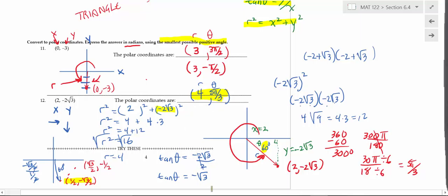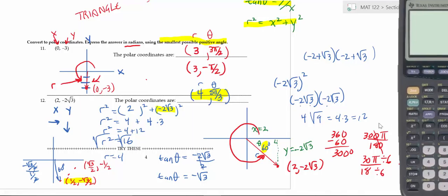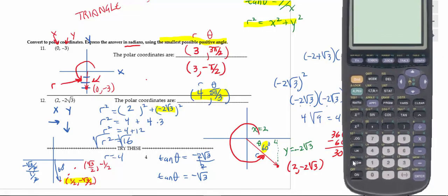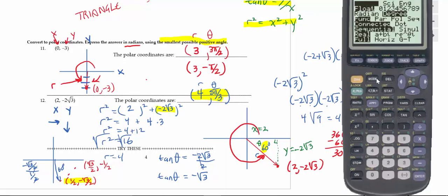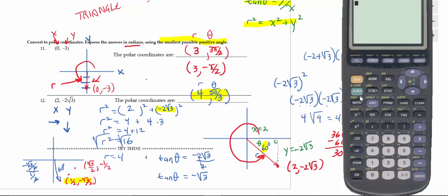Now, one thing you can do, you don't want to forget how to do your unit circle, of course, but also on a graphing calculator, I'll just put my calculator in degree mode. Don't forget that you could easily enough check that angle on your calculator. You could just go inverse tangent of negative square root of 3.